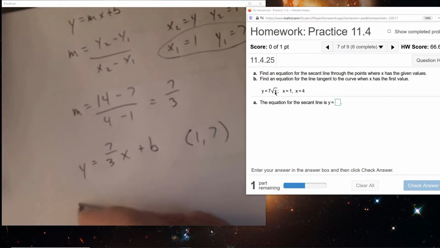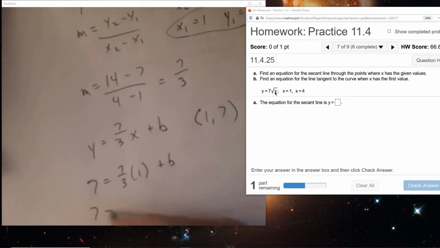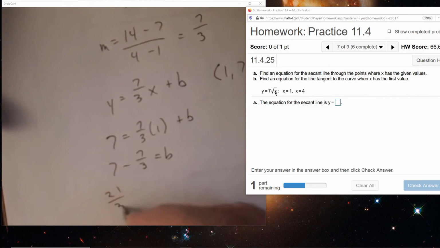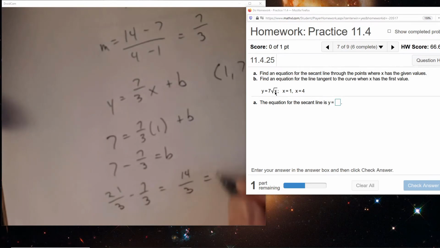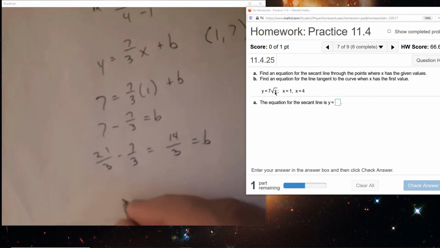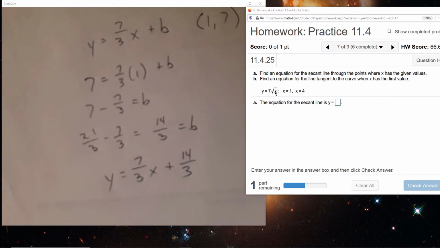So when y is 7, x is 1. So we need to get a common denominator here. And there's our answer for B. So the equation of the secant line, and there it is.